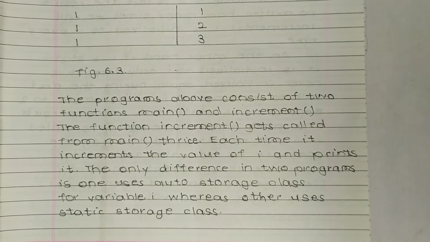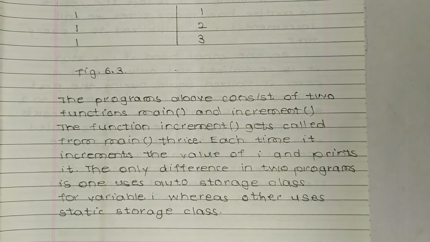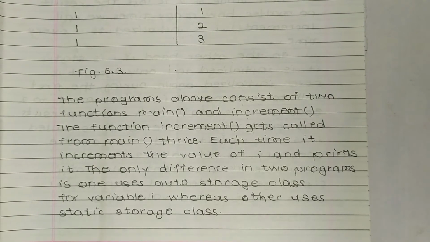The only difference in the two programs is that one uses the auto storage class for variable i, whereas the other uses the static storage class. The first one was using the auto class, the second is using the static storage class.